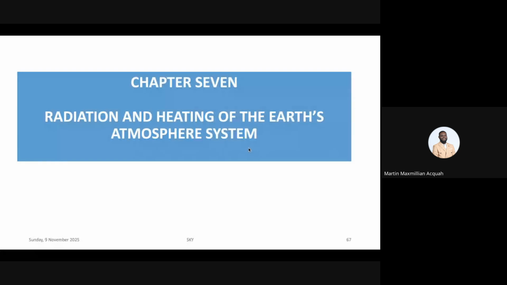But because of these particles in the atmosphere, it reduces the temperature of the water vapor. When the temperature reduces, it cools, condensation takes place. And when condensation takes place, there's cloud formation. That is exactly what he was trying to explain.